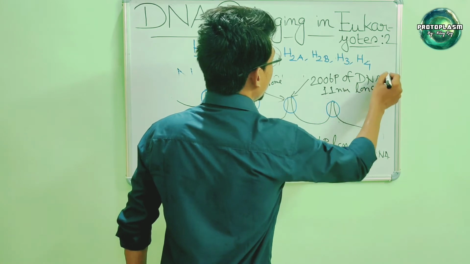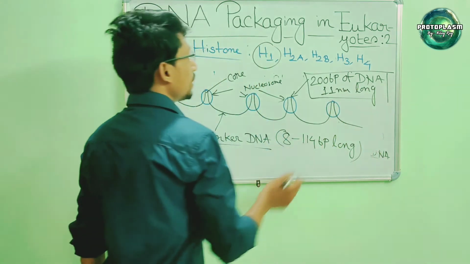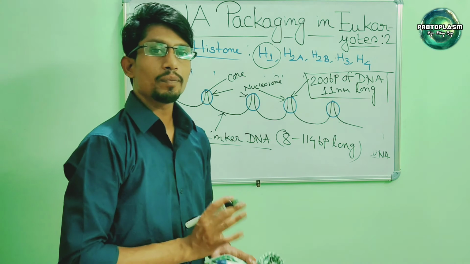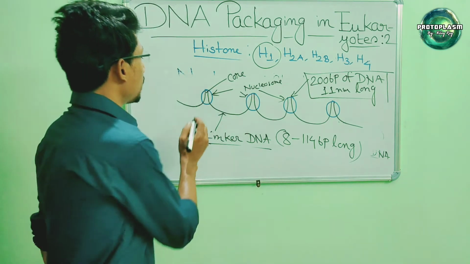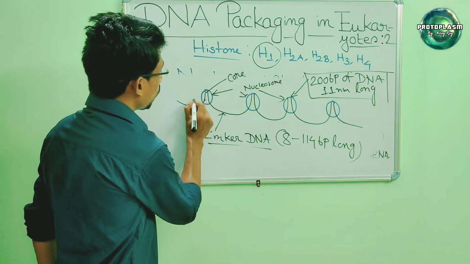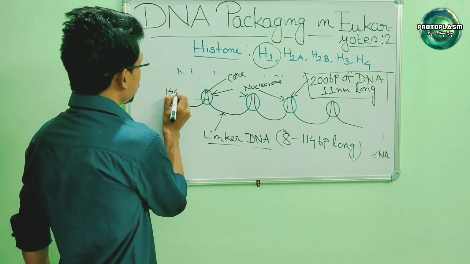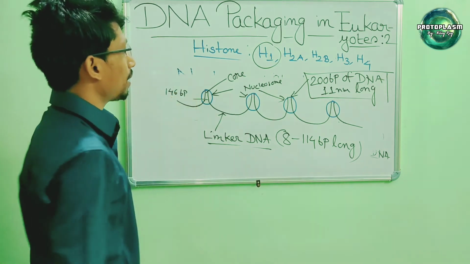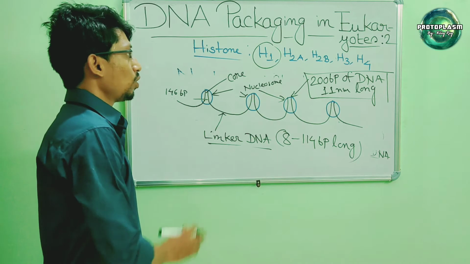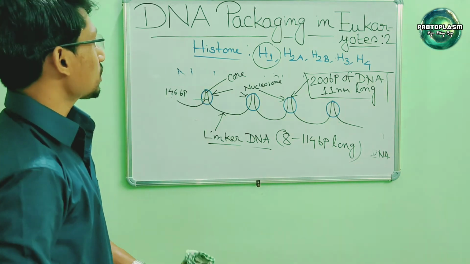Remember these 2 points. Out of this 200 base pair, 146 base pair of DNA is present in the core. This core alone contains 146 base pair of DNA. Okay, so remember this term.